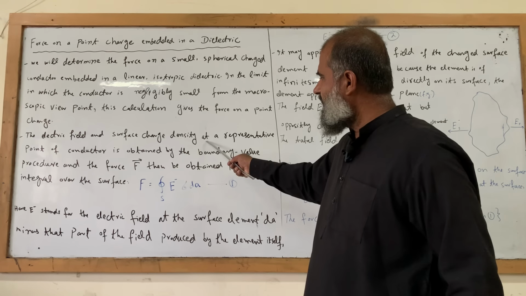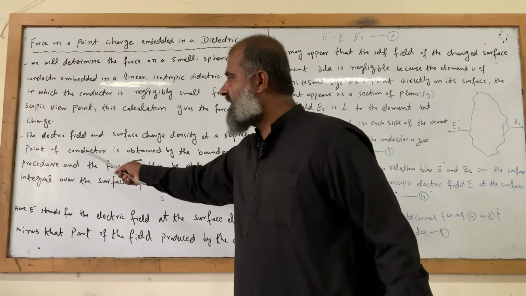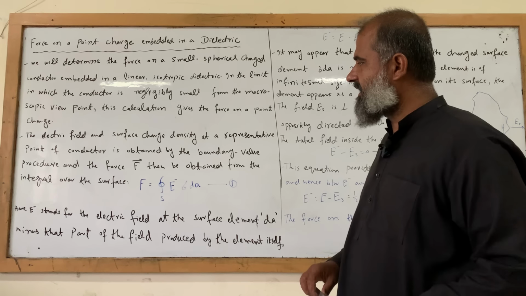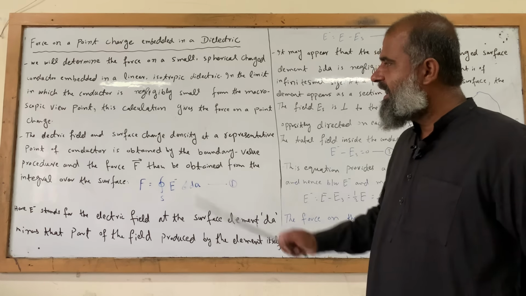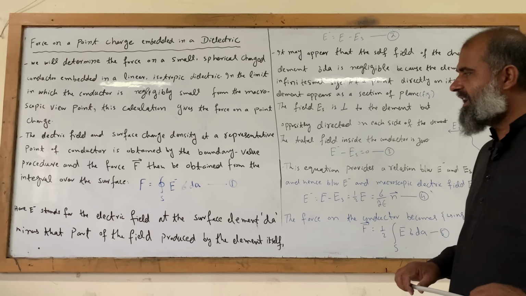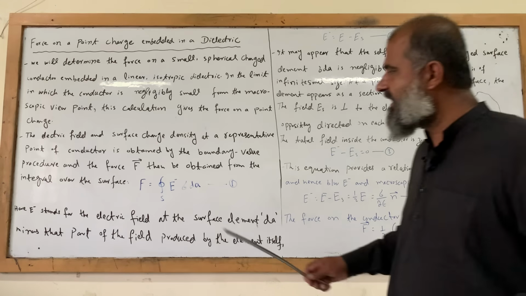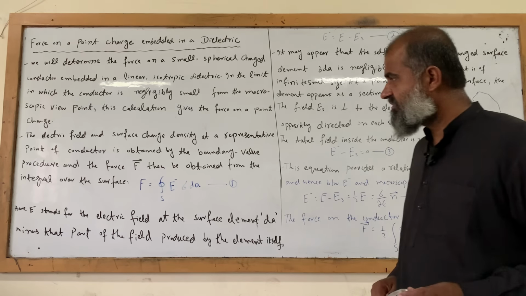The electric field at a representative point of the conductor is obtained by the boundary value procedure, and the force F we then obtain from the integral over the surface.